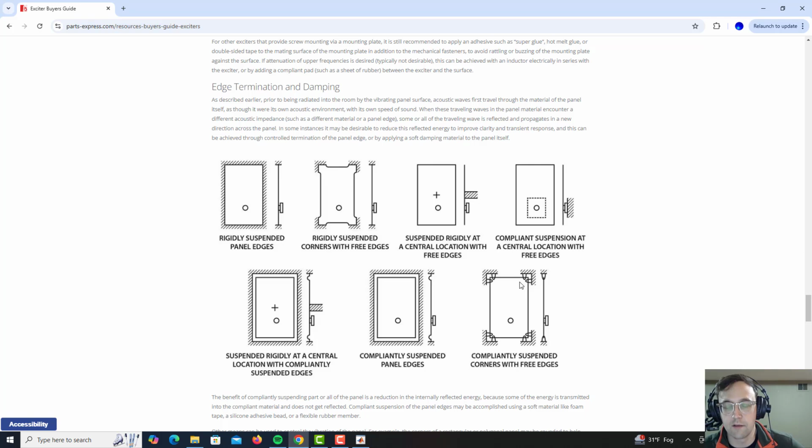And this is where maybe these kind of look like rubber bands or something. It's hard to tell, but compliantly suspended usually means it can't move, but it can bend. So I'm going to do this as totally free edges, and I'm going to do this as edges that can't move but can bend. So I might be off by a little bit, but we'll still do our best just to compare those two cases.